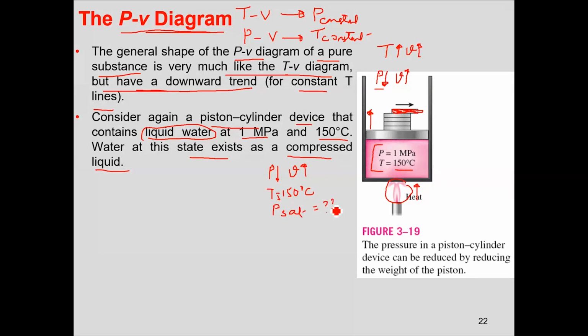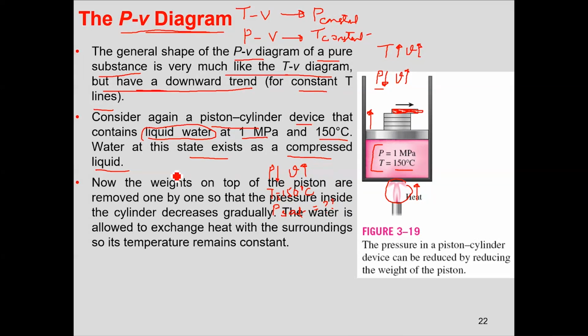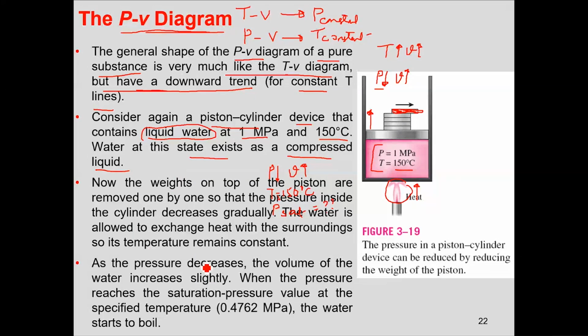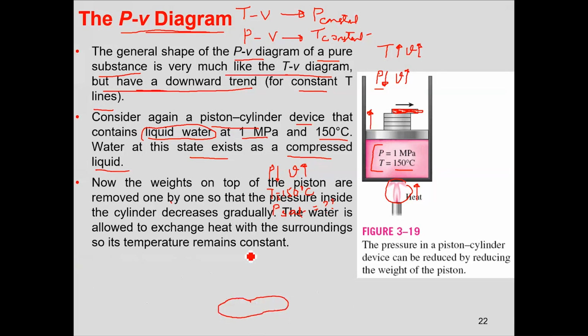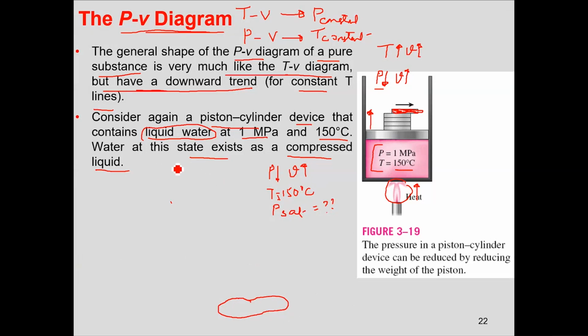Once you keep decreasing the pressure and it reaches the saturation pressure, for your case 0.4762 megapascal, you have decreased the pressure from 1 megapascal to 0.4762 megapascal, and as you have decreased, your specific volume has increased.